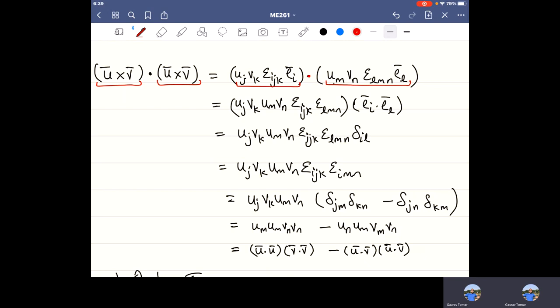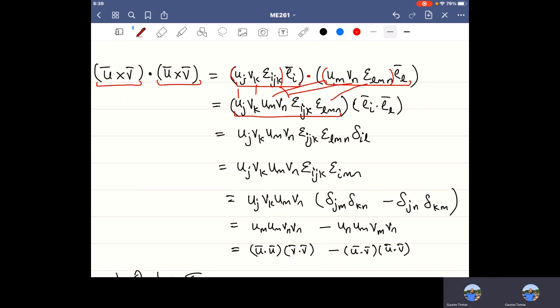So now again, as we had discussed earlier, the first thing that you will do is pull out all the scalars together, especially if they are not under any derivative. So these are the 6 scalars that we pull out. You get uj, vk, epsilon ijk, um, vn, epsilon lmn.